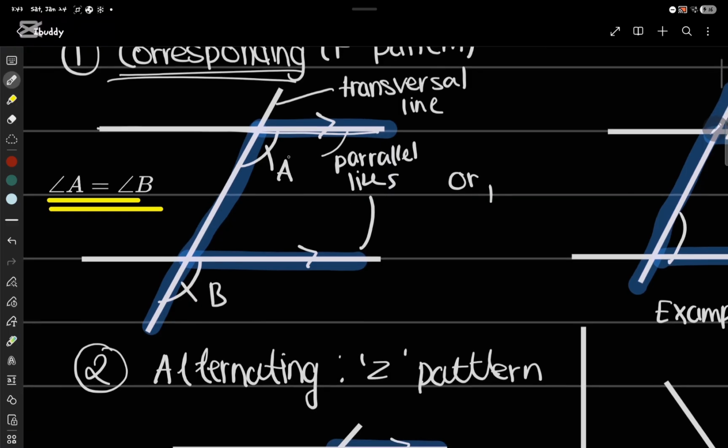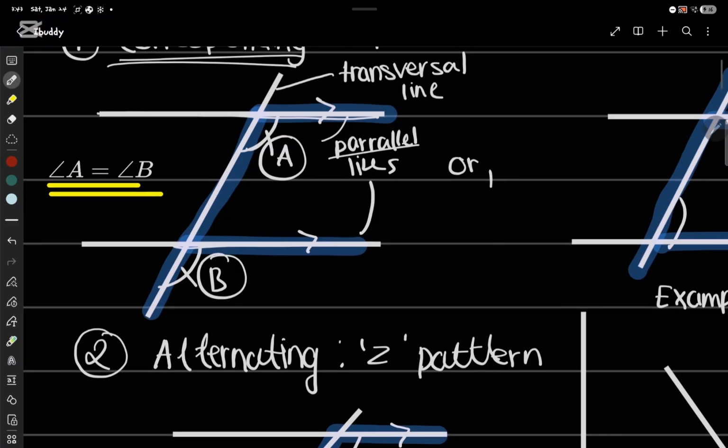The first angle is going to be under the first parallel line, and the second angle will be under the second parallel line, and they meet along the same transversal line.